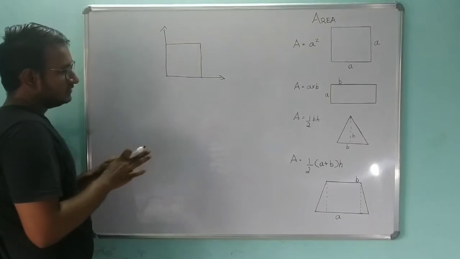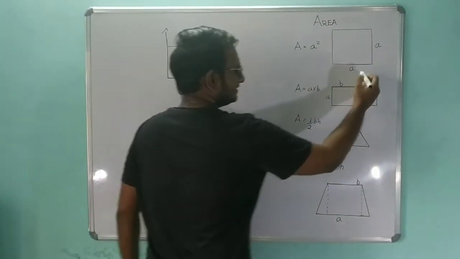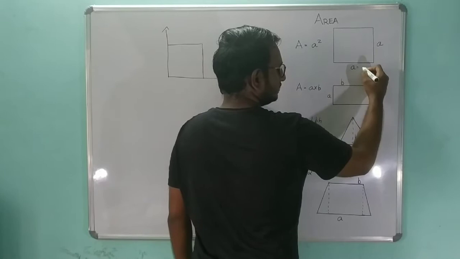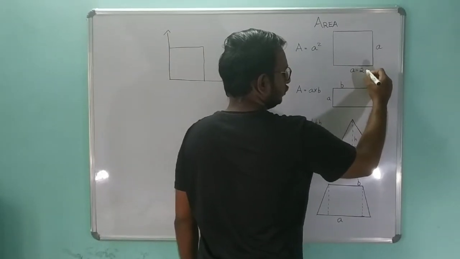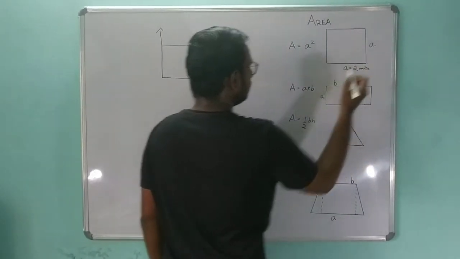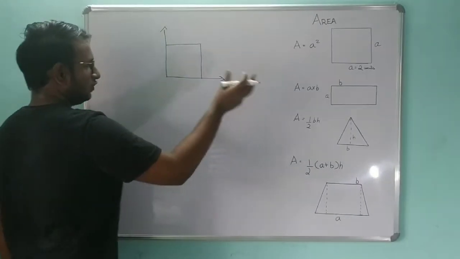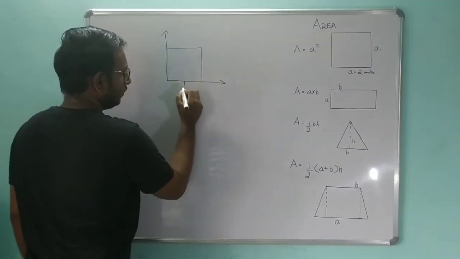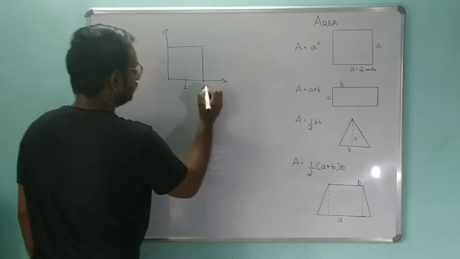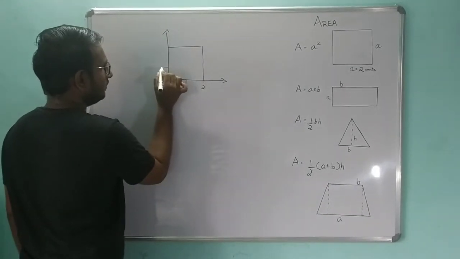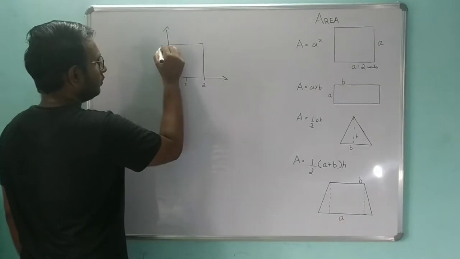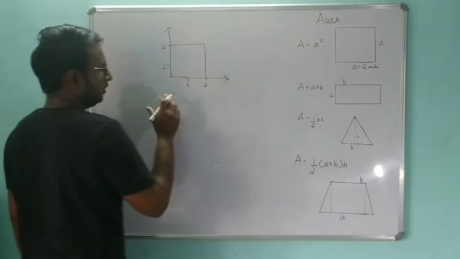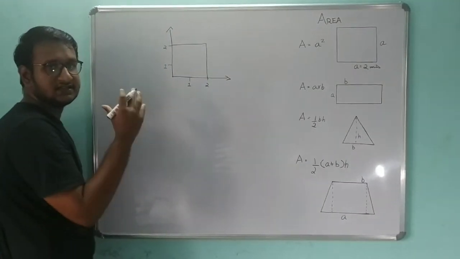We can assume this square has a side length of, say, 2 units. So we will have 1, 2 here, and the same applies over here, because all the sides of the square are equal.